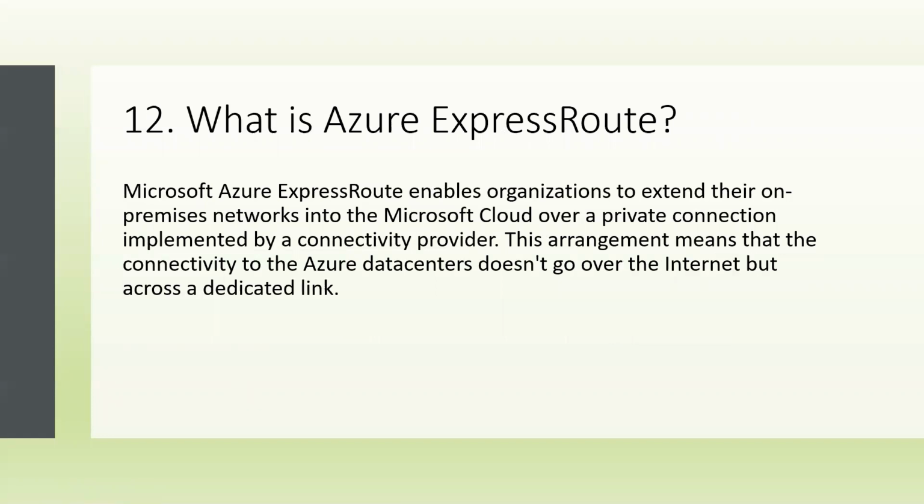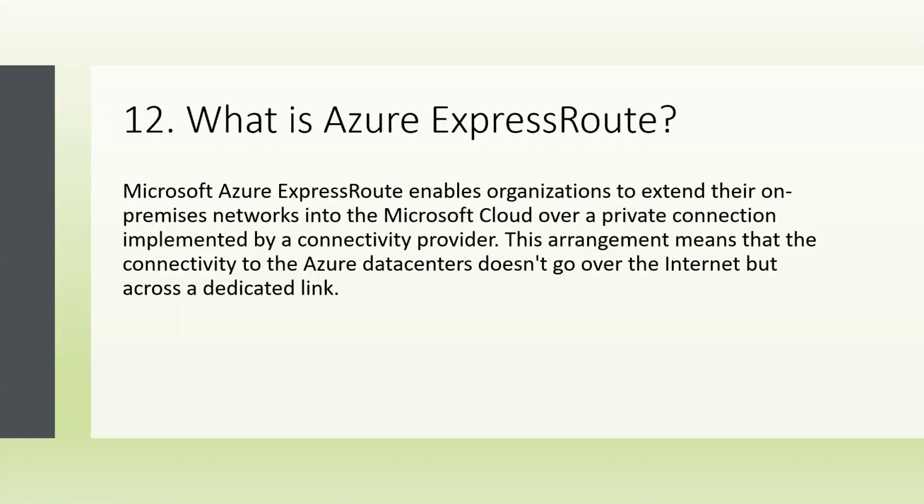What is Azure ExpressRoute? ExpressRoute lets you extend your on-premises networks into the Microsoft cloud over a private connection facilitated by a connectivity provider. With Azure ExpressRoute, you can establish connections to Microsoft cloud services such as Microsoft Azure and Office 365.